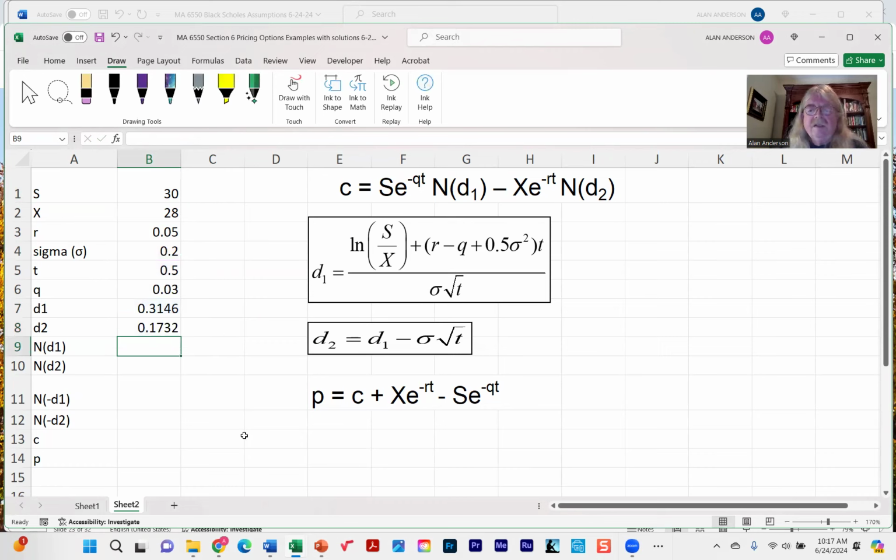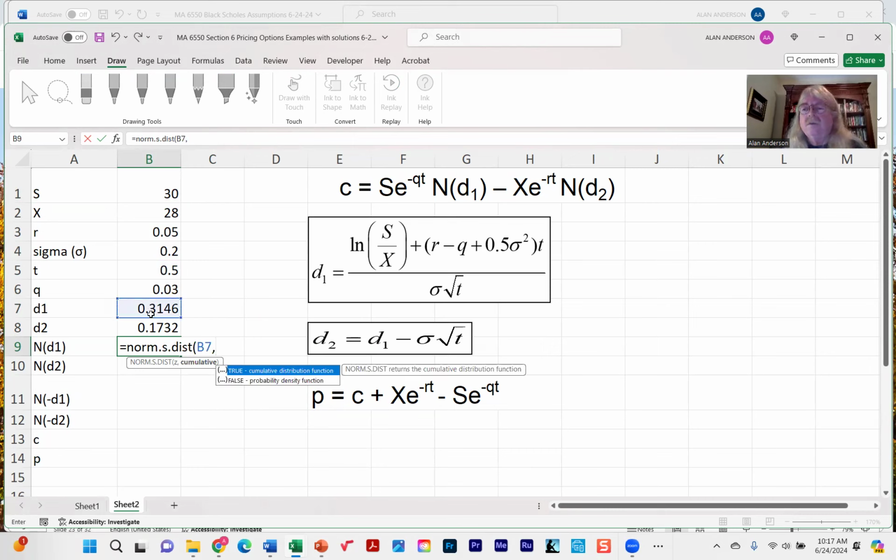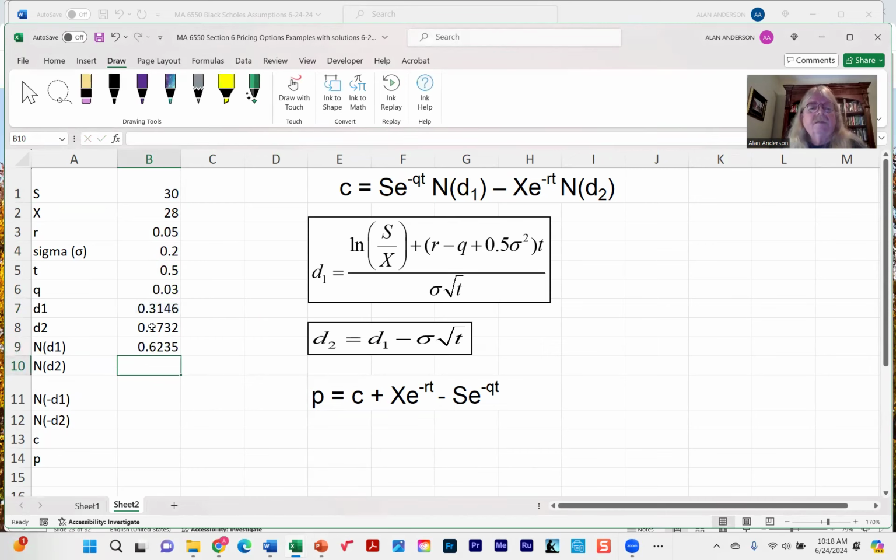And now remember, the Excel function for that is NORM.S.DIST. So you can put the D1 here, and cumulative is always 1, by the way, at least for what we're doing. And then for this one, NORM.S.DIST of D2, comma 1. Now these guys, you'll see why we might want to use them.